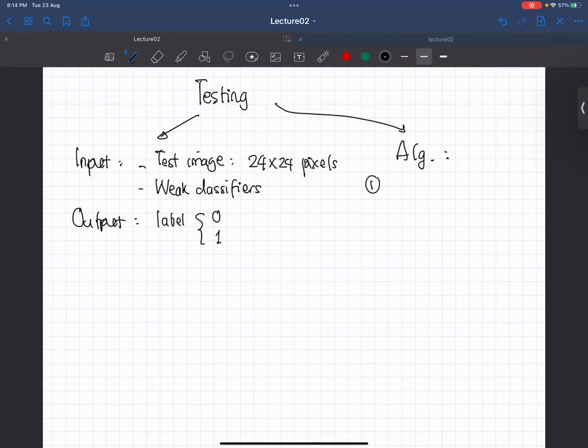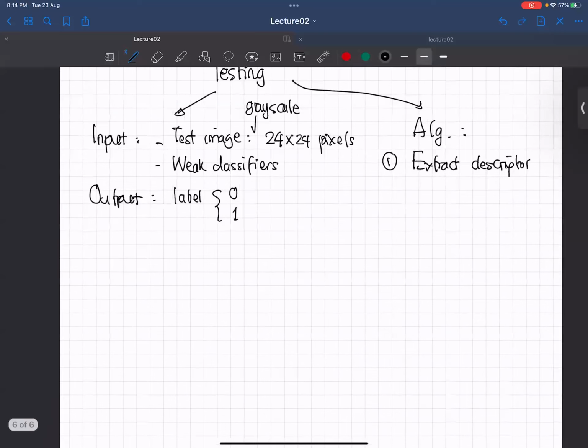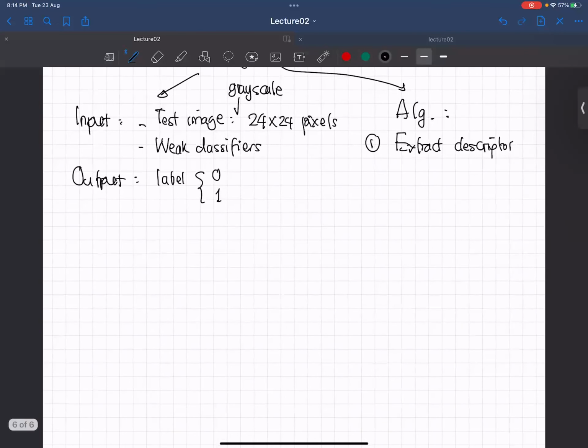Given the input image, remember this is grayscale, 24 by 24, the first step is to extract features, or compute the descriptors.